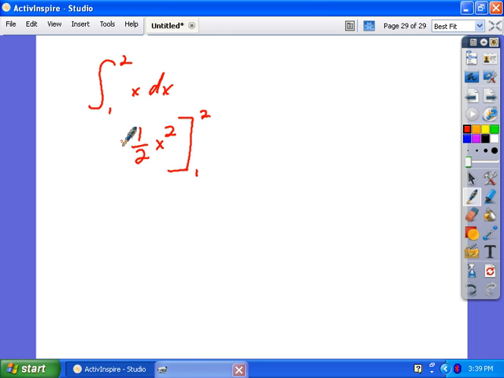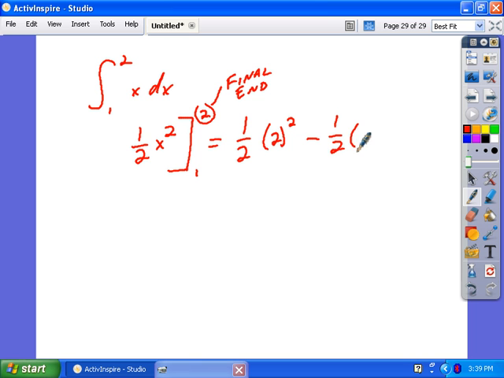Now, I'm looking at the range of what's going on from 1 to 2. So, we're going to look at final minus initial. So, that means 1/2 of the final. This is my final. This is where I'm ending. 1/2 of 2 squared minus my initial, 1/2 of 1 squared. Well, 2 squared is 4.